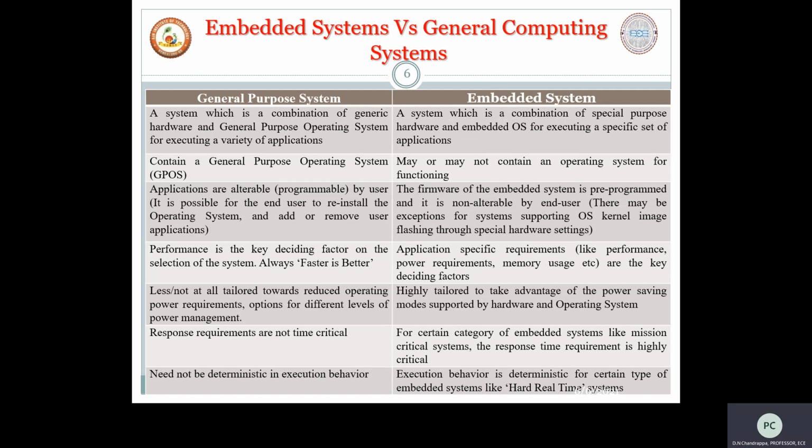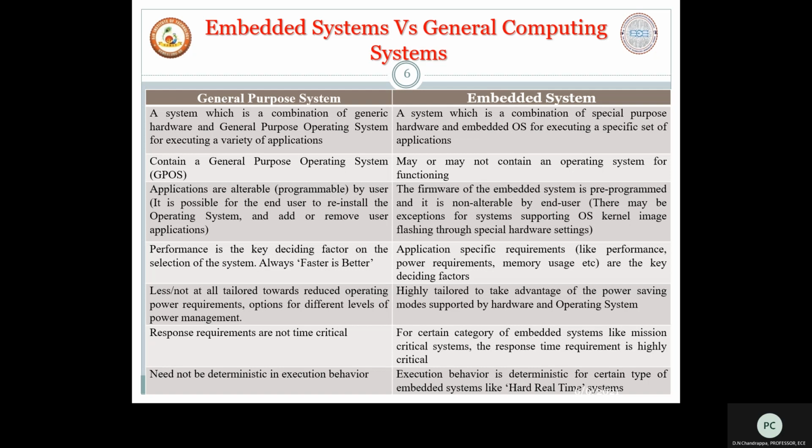Now we'll come to the next point. In a general purpose system, performance is the key deciding factor in the selection of the system. Always faster is better.